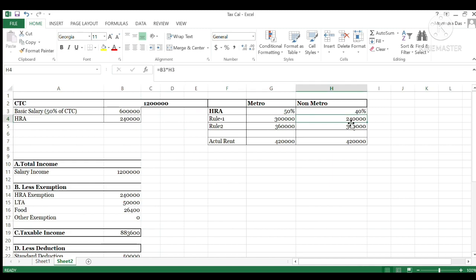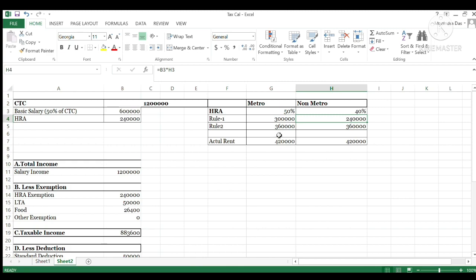Rule number two says that your actual rent minus 10% of your basic is your HRA. You need to calculate both rule 1 and rule 2, and whichever is less will be considered your HRA component for exemptions. Now let's assume that you are paying 4,20,000 rupees towards rent, which is 35,000 a month.